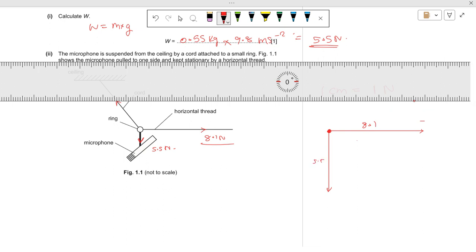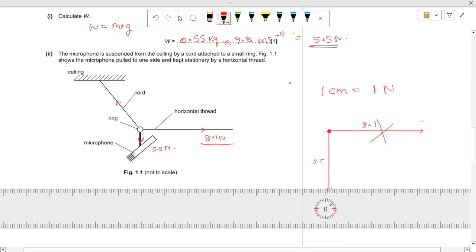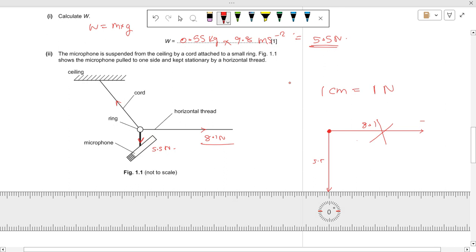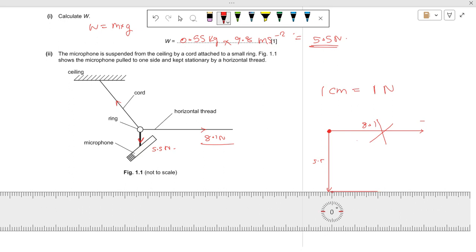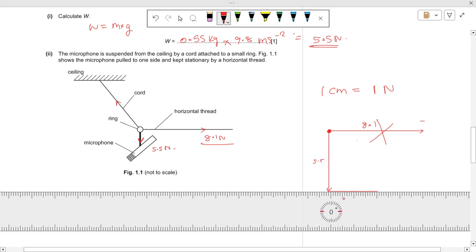Now, in the triangle method, to find the resultant force, if you draw this 8.1 in here, it's wrong, because the tail of the second arrow should start at the head of the first one. It should be like this.